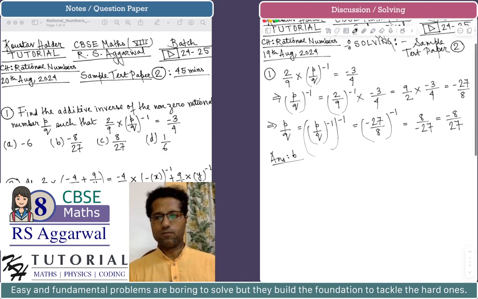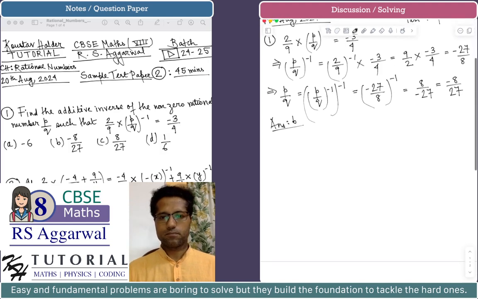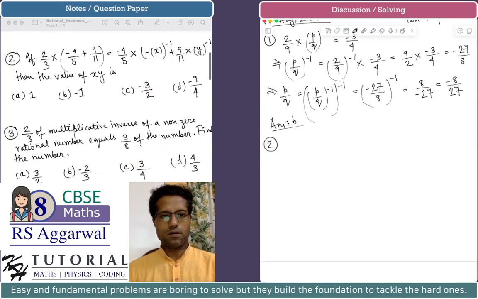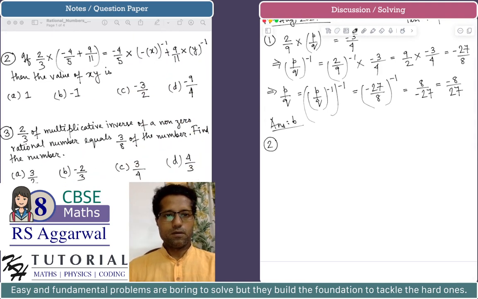Okay, let's do problem number 2. Problem number 2 says an equation is given, then we have to find the value of xy.